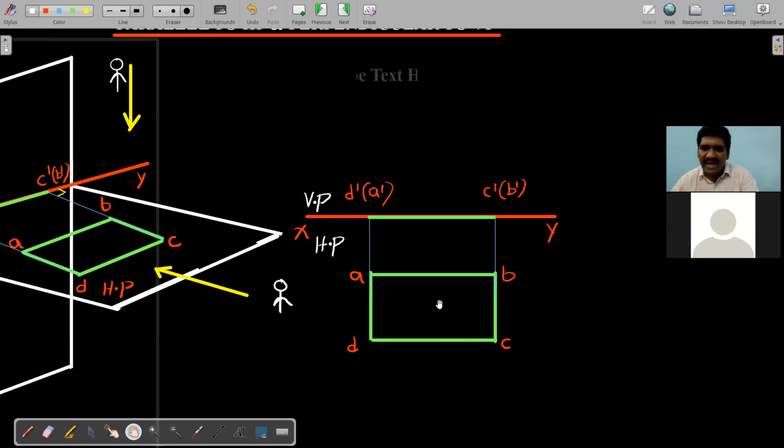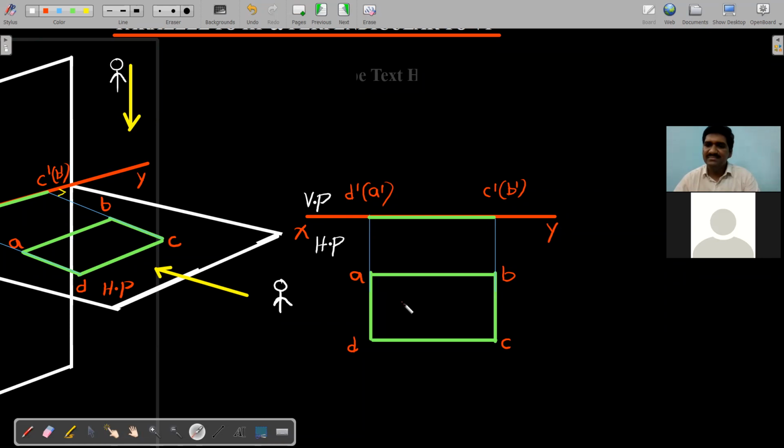We are drawing the rectangle in such a way that the longest sides are parallel to the XY line, or not? Very important points I'm saying, repeating to all of you. Longer sides parallel to XY means what? Longer sides are parallel to both HP and VP.